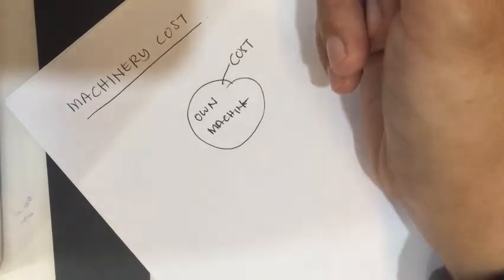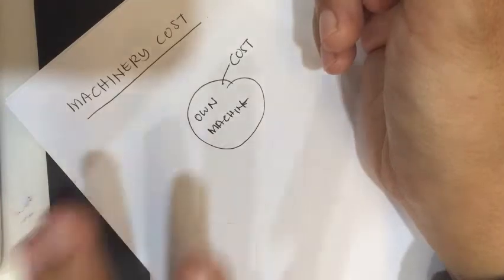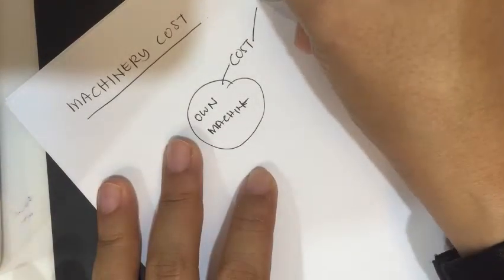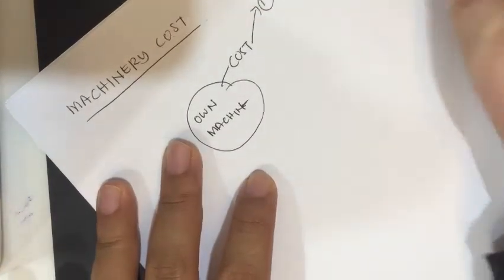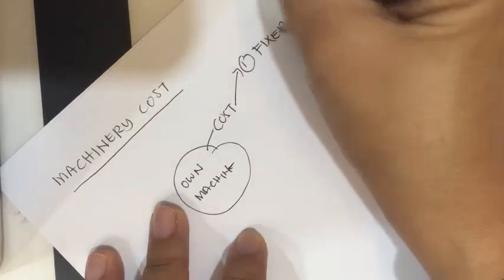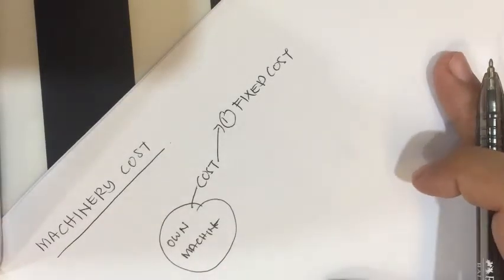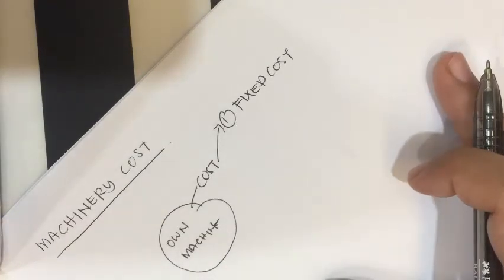You have to know that the machinery cost is categorized into two. The first one is fixed cost. Fixed cost will occur regardless of machine use.